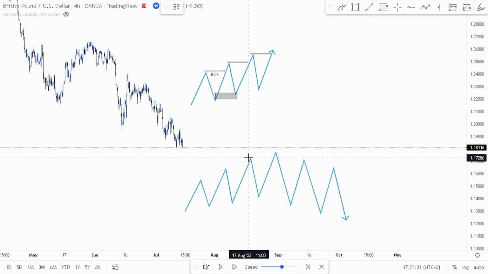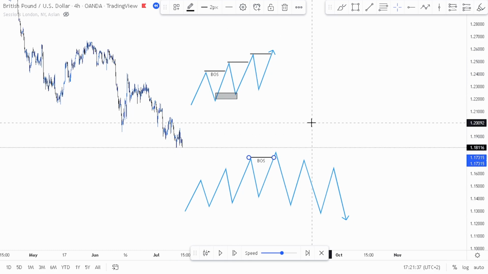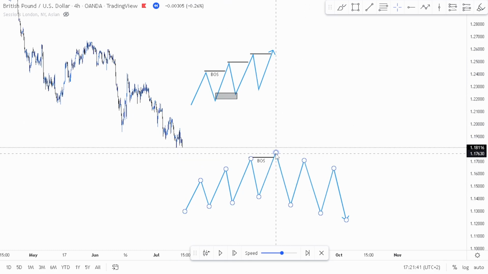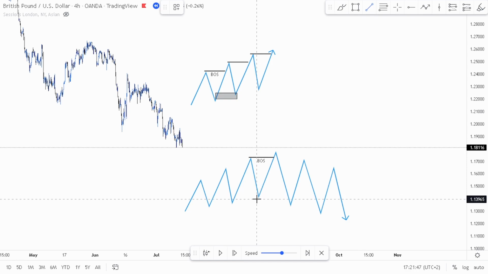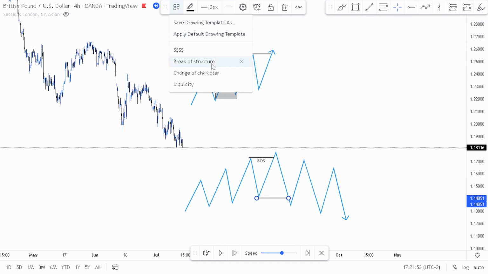So right over here we've got a break of structure to the upside, as you can see, and I did say that a break of structure symbolizes that price is still bullish, meaning price is still going up. But once price breaks below our lower high, that is what we call a change of character.